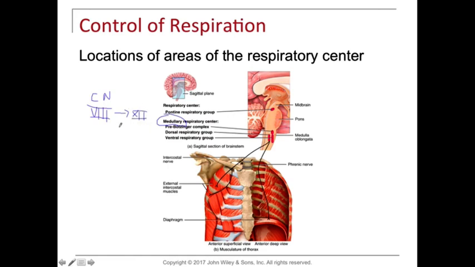Okay, and a very biggie is cranial nerve 10, which is the vagus nerve that goes to the lungs. But also the pons is involved and the medulla. So the medulla is here, the pons is here. A large portion of it is controlled right from here.